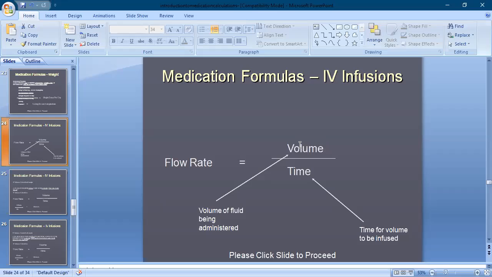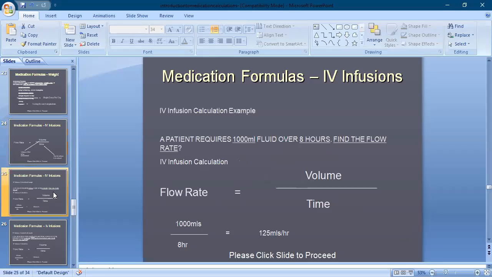The volume is expressed in milliliters and time is expressed in hours. This flow rate formula is only usable if the time is mentioned in hours. If the time is mentioned in minutes, we can use the defined formula.